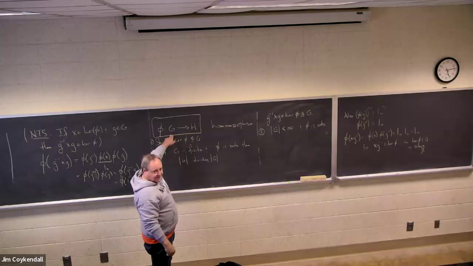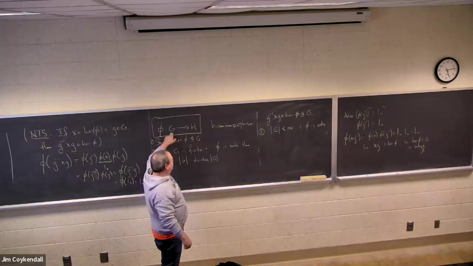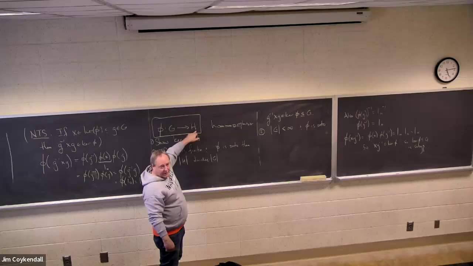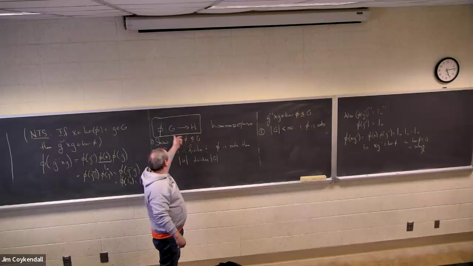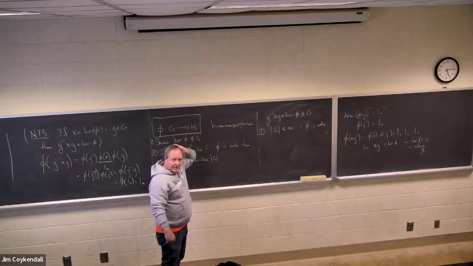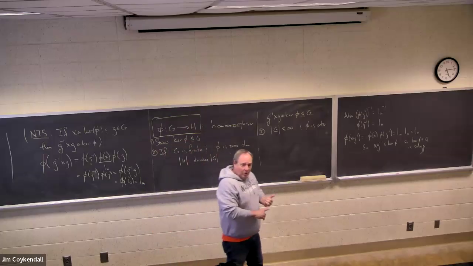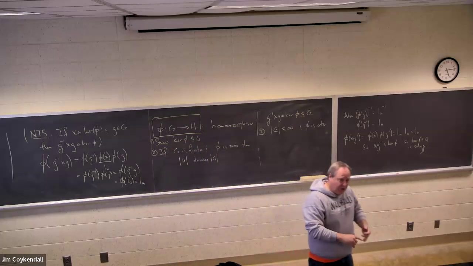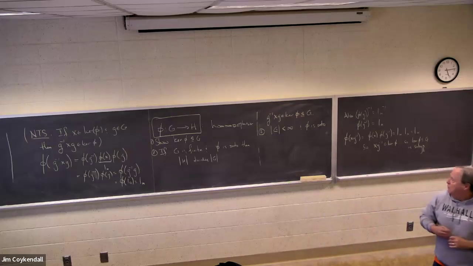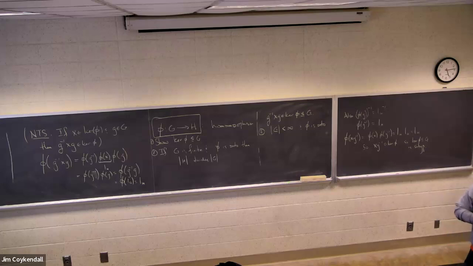G is a finite set, and we also said that the map is surjective, right? So that means the cardinality of G is greater than or equal to the cardinality of H, right? Because this map is onto. Everybody okay with that? So in particular, G is finite and H is finite because the cardinality of this is greater than or equal to that. What was important there is G is finite and that the function is onto. If the function wasn't onto, I wouldn't have a leg to stand on.